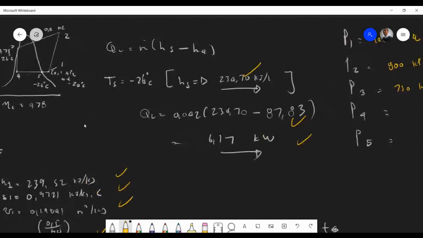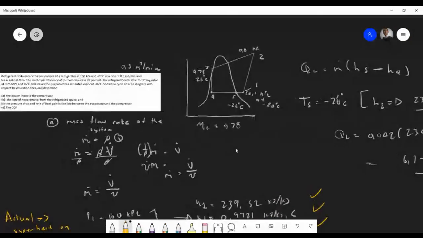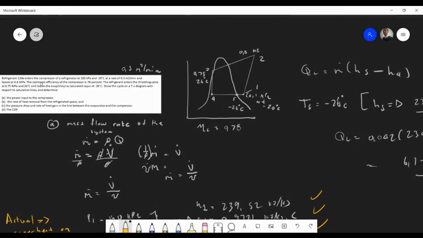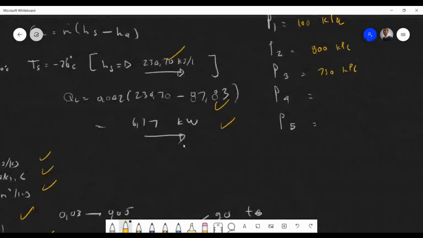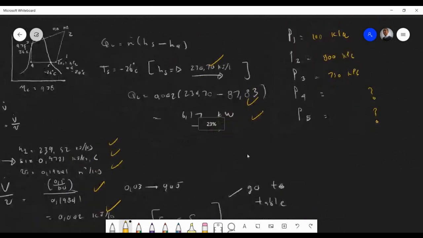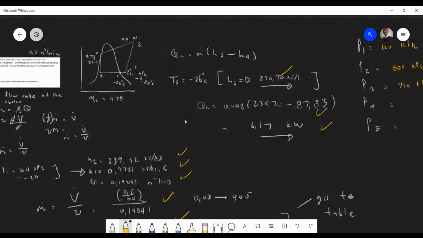At point 4, what is point 4? Do we know point 4? I have an idea what point 4 is. I'm not sure, and we need point 5, right? So how do you think we are able to get the pressures at point 4 and at point 5?